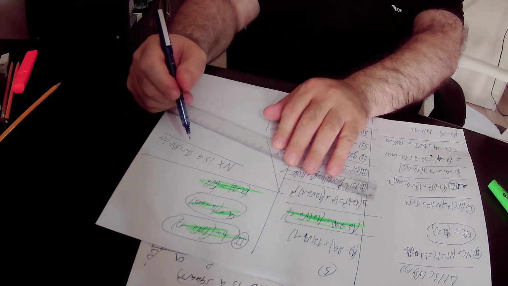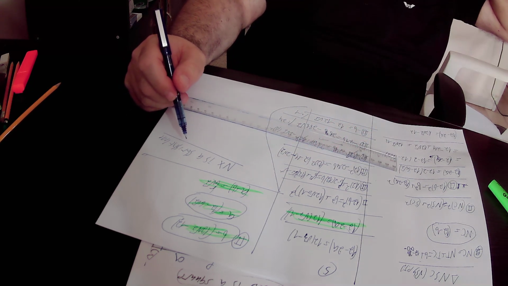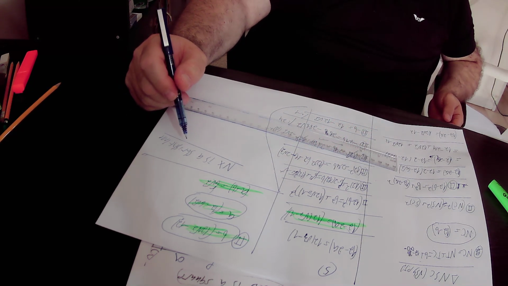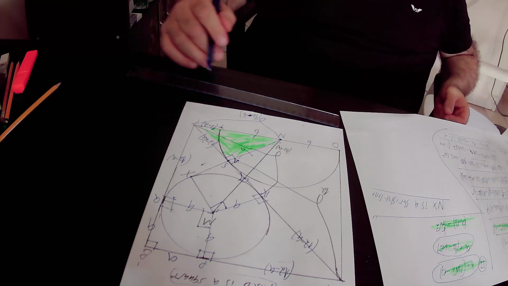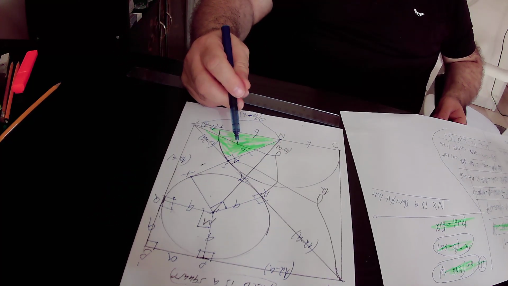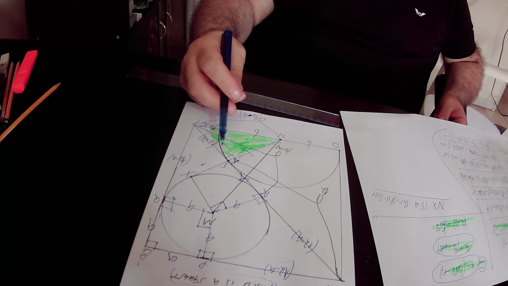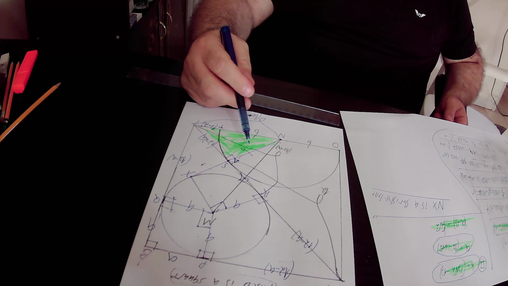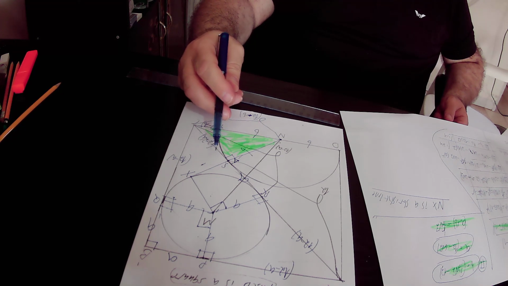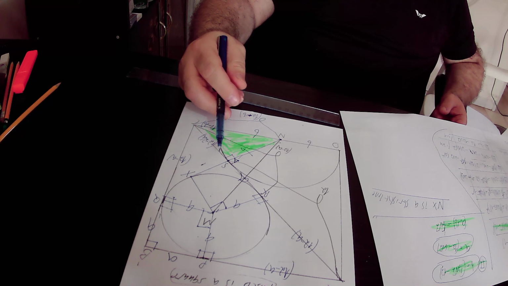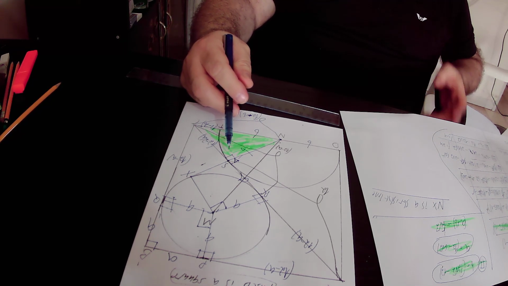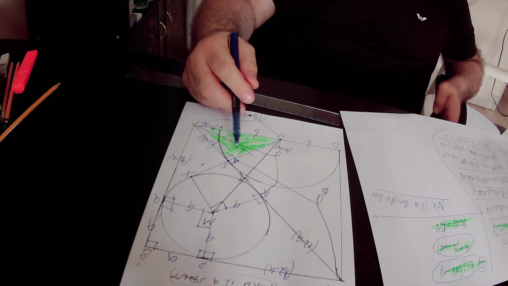So NX, that is the result of the extension of the straight line NS by a straight line, must also be a straight line, because whenever you extend a straight line by a straight line, the result must be a straight line.